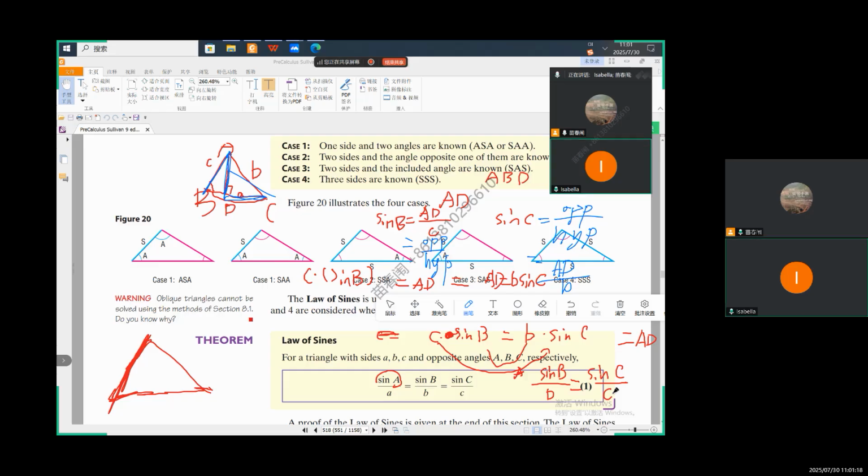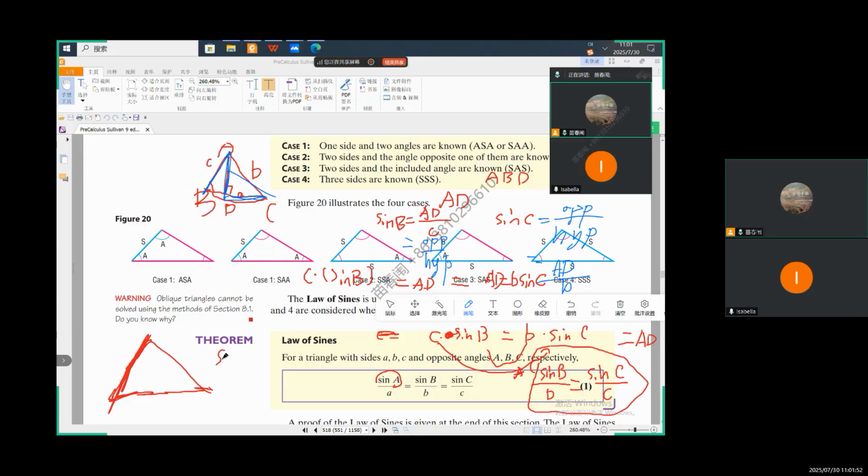Hang on, give me a second. I need to reevaluate based on my new knowledge. Sure. Okay, C times sine B equals AD, both equal AD, so AD equals B sine C. So then they both equal each other because of that one law or whatever. So then, yeah, that makes sense. Now if this is working, remember I picked sine B or BC randomly, so this must work in three ways.